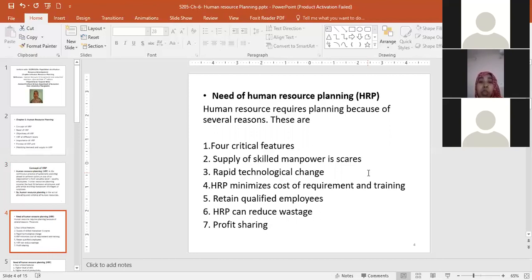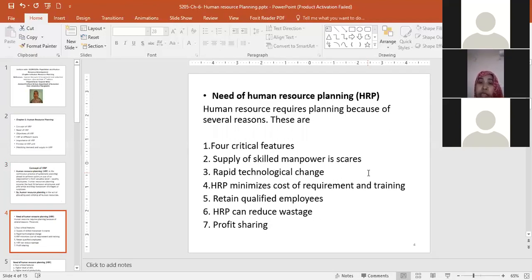Number two, supply of skilled manpower is scarce. And number three, rapid technological change. Okay? And number four, human resource planning minimizes cost of recruitment and training.